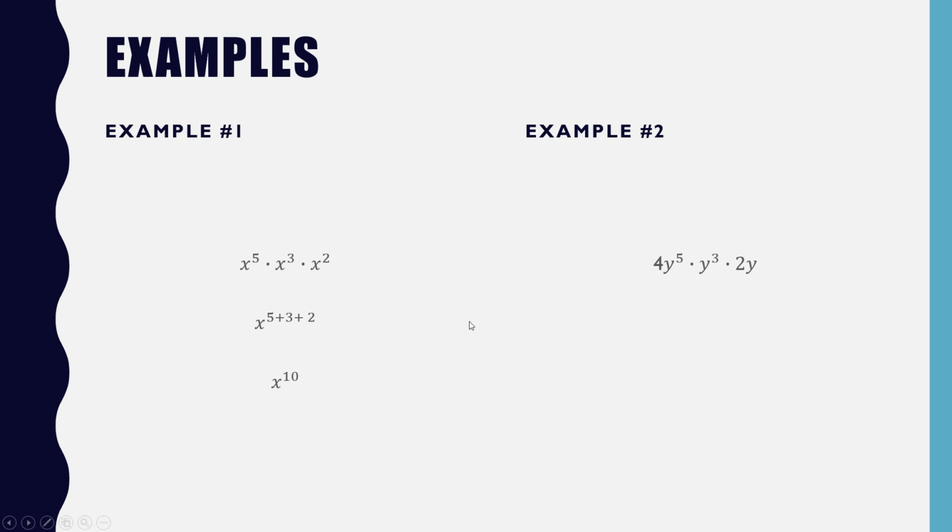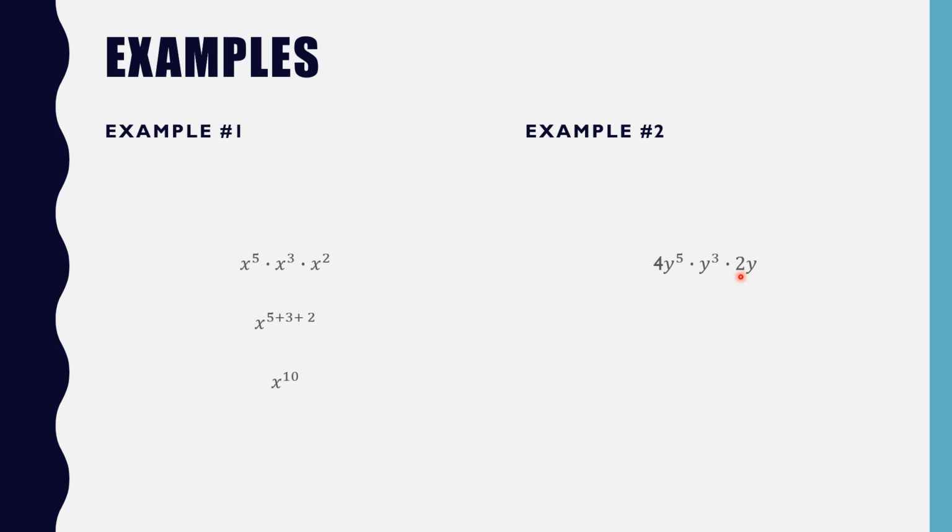Now, this one is a little bit more advanced, but the nice thing is when you look at the variable, you still see that it's all the same base. It's all the same variable, which is y. However, with these numbers out front, the 4 and the 2, all that you have to do to combine those is you just multiply them.